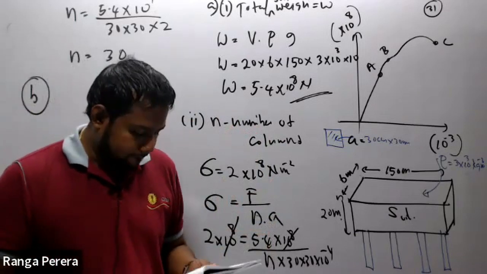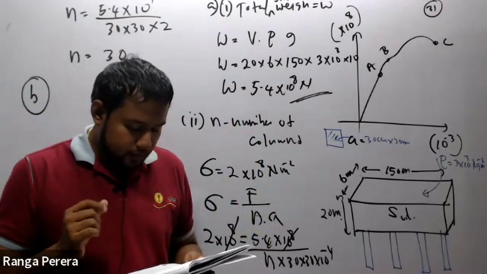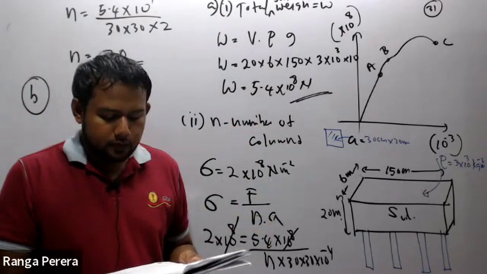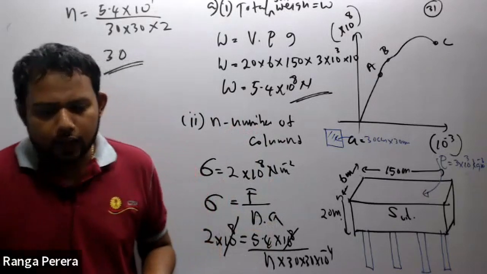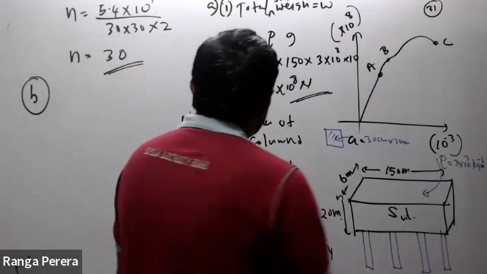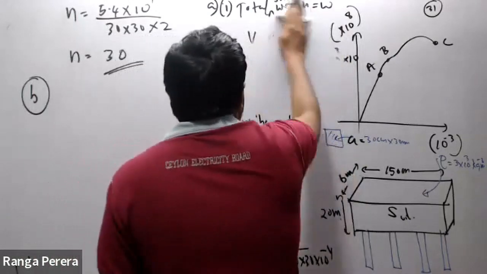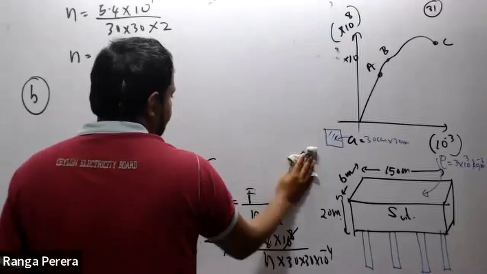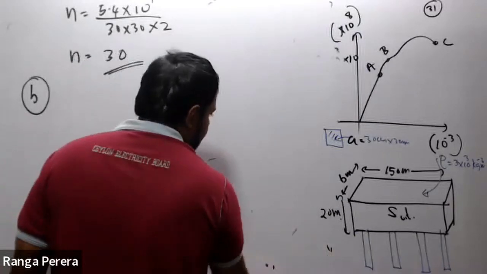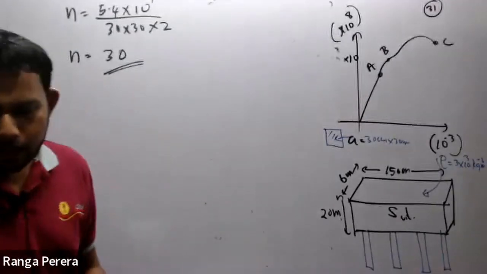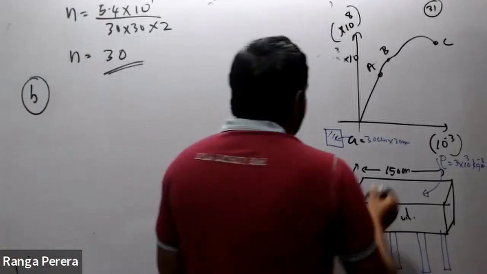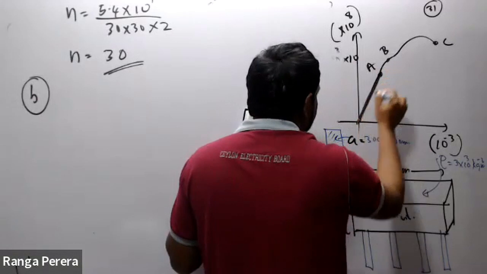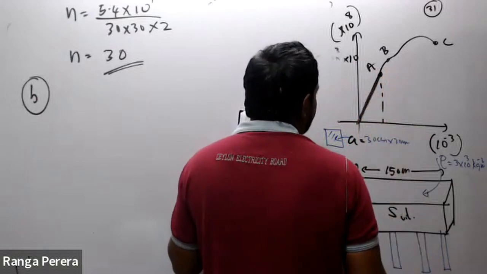All right, okay. Part B. Determine the Young's modulus of steel from the curve given in figure number 1. How to find the Young's modulus from the curve? We discussed that under the theory. From the gradient, under the proportional limit, we can find it.